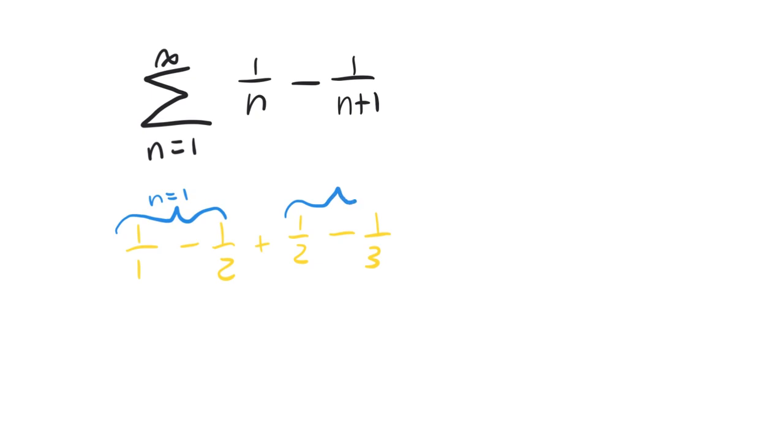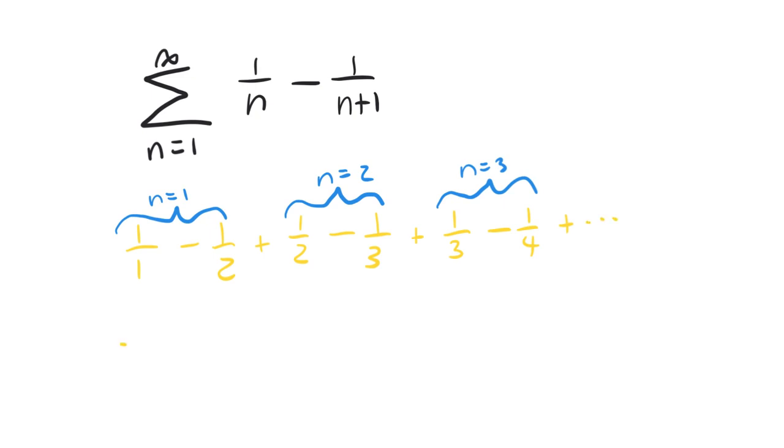So already you're probably getting a sense of what's going on here. If n was equal to 3, then it would be this. Now you could imagine this continuing on.